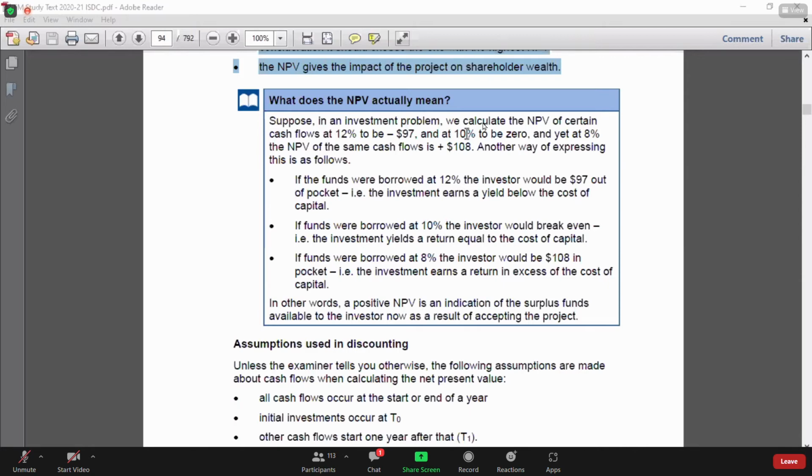Now let me give you a small example. I borrowed $1 lakh at the rate of 30% per annum, and I opened a supermarket. Let us assume that the supermarket gave me a return of 24%.